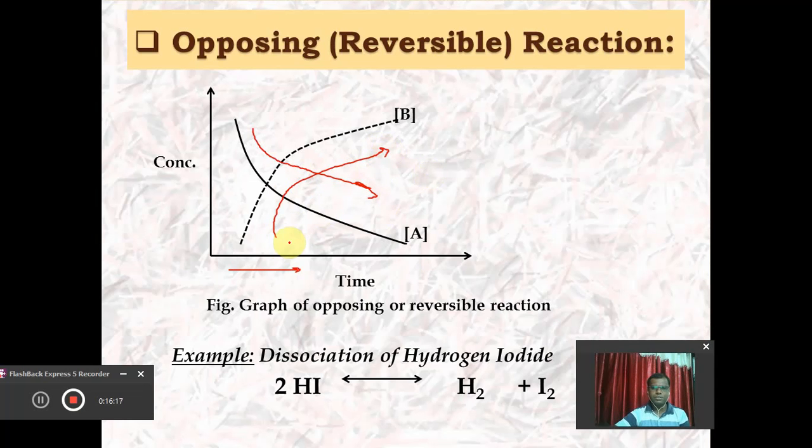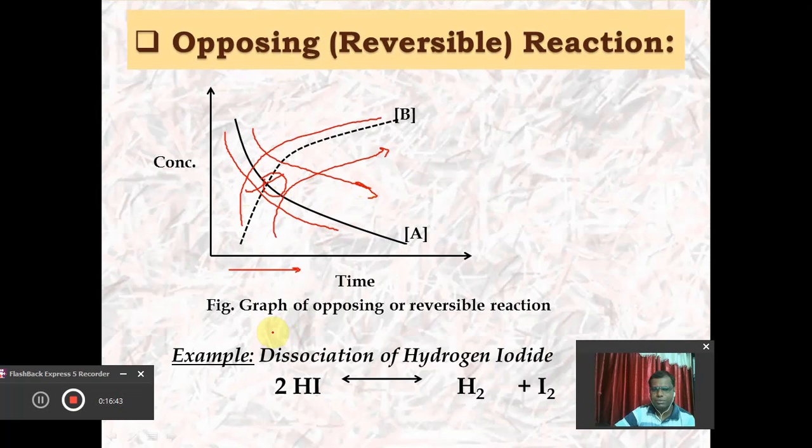This is the general thing that we have already discussed. As time proceeds in the chemical reaction, the concentration of reactant decreases while the concentration of product increases. But after some time, at the equilibrium condition, the concentration of reactant and product becomes equal, and that condition is called the equilibrium condition.